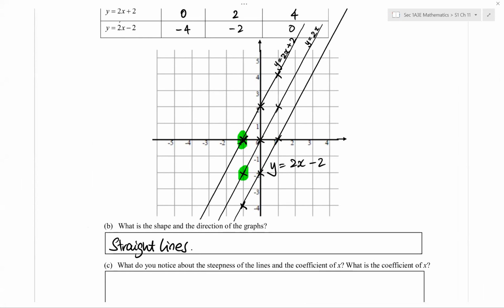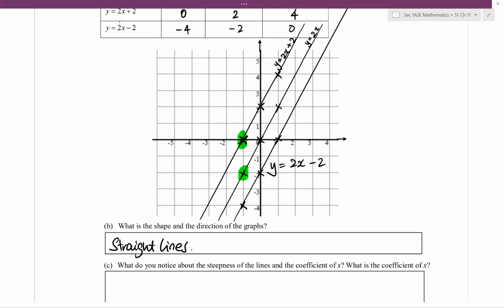Now, direction. Always go from left to right. That's natural, isn't it? You read from left to right. Smaller number on the left, bigger number on the right. It's very natural to go from left to right. But in this case, when we talk about direction, looking from the left to the right for all three graphs.